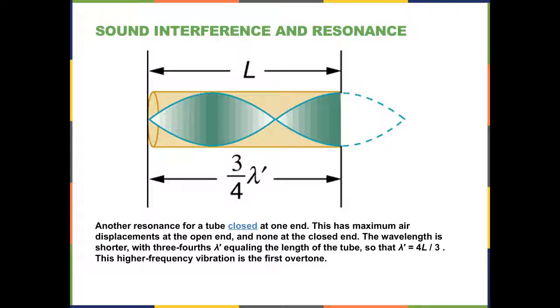And as you can see, you can have another length where you again have the antinode right at the point where it's entering the open side of the closed tube, and this is going to be 1/2 plus 1/4, or 3/4 of the wavelength. And this is called the first overtone.